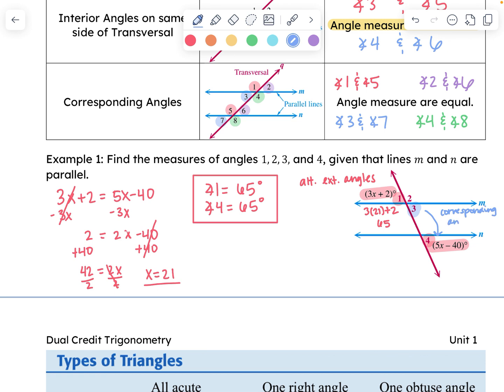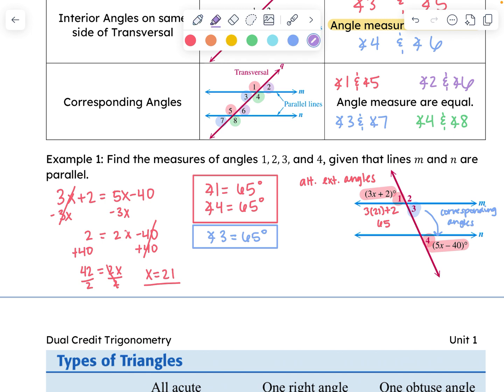And I know that corresponding angles have the same angle measures. So that means that angle 3 is equal to 65 degrees as well. I also could have noticed that angle 1 and angle 3 are vertical angles, so they have to be the same as well.